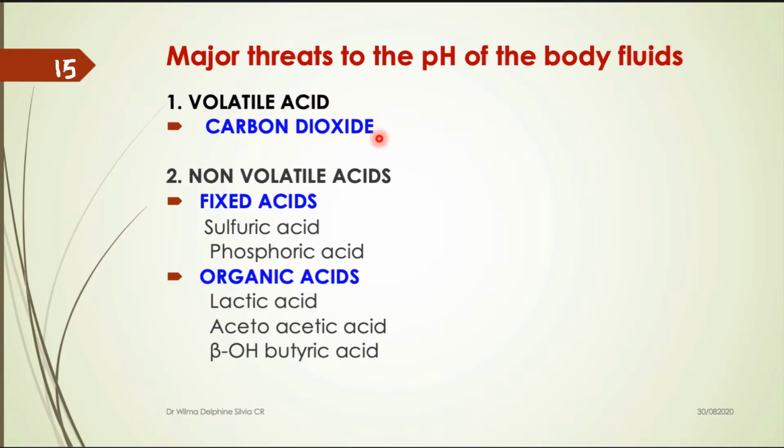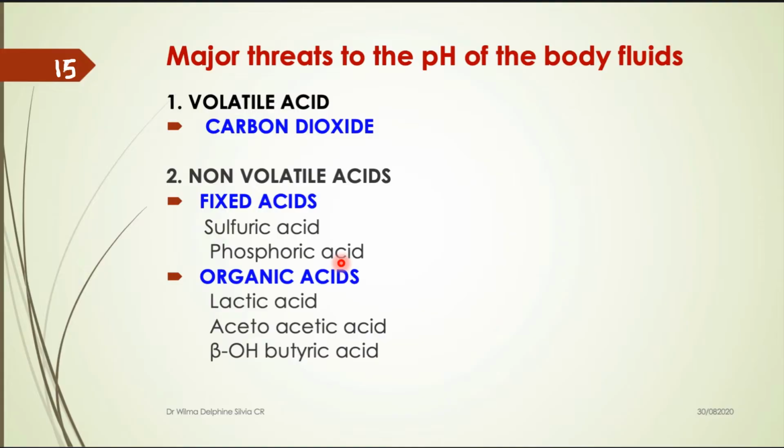Because it is a gas, carbon dioxide is often termed a volatile acid, and then we have the non-volatile acids. Under this we have fixed acids and the organic acids. Fixed acids are sulfuric acid and phosphoric acid. Sulfuric acid is the end product of oxidation of sulfur-containing amino acids like methionine and cysteine, while phosphoric acid is formed in the metabolism of phospholipids, nucleic acids, phosphoproteins, and phosphoglycerides.